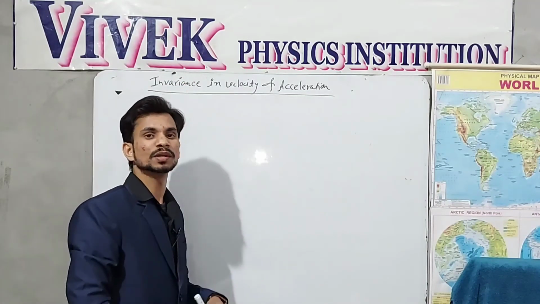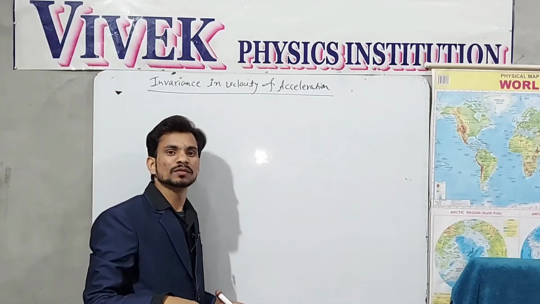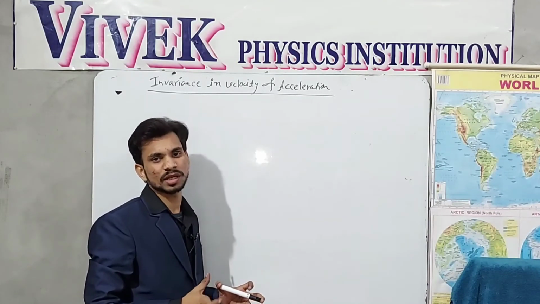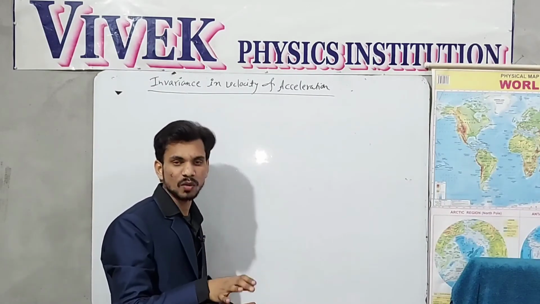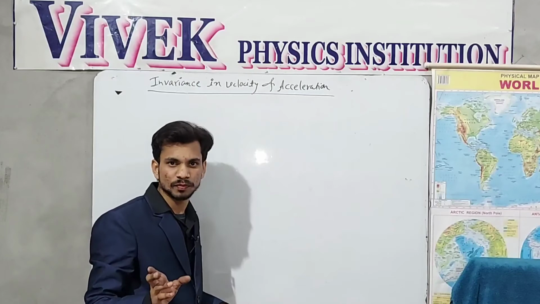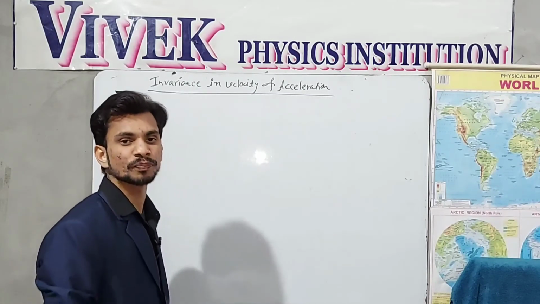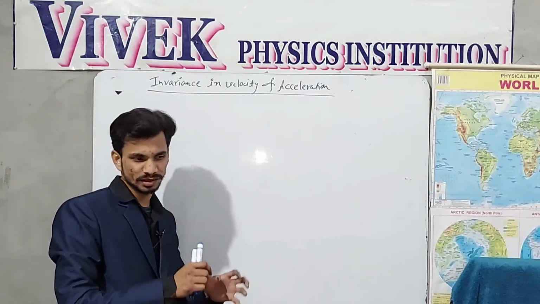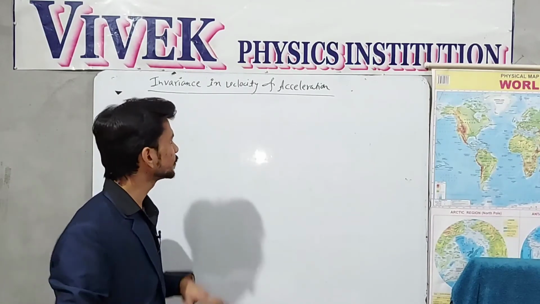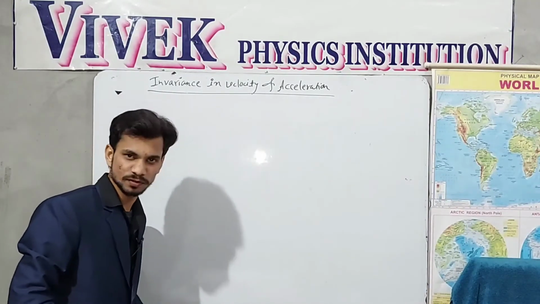Invariance is used in such places where there is no change in a physical quantity, which is now as it was. Okay, so invariance is a phenomenon in which there is no change in a physical quantity or in any kind of thing. Okay, so what is the invariance in velocity and acceleration according to Galilean transformation?